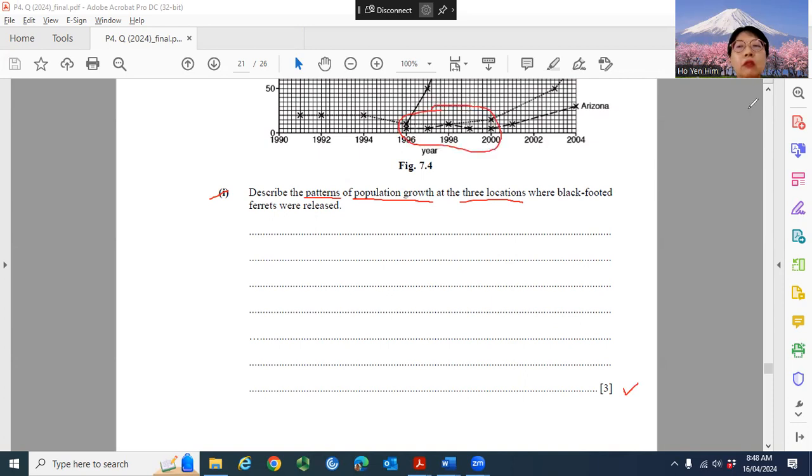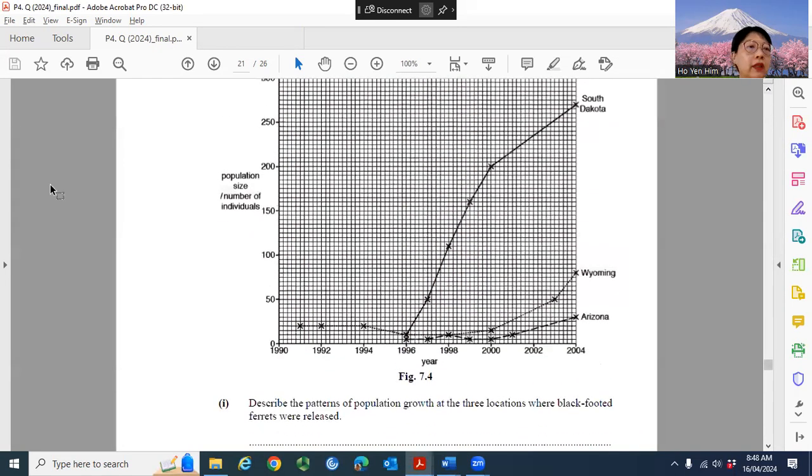Cannot. Okay, if the curve starts from here, you have to describe from here until the end. So that's what a lot of students didn't do. They selectively choose anywhere and then they answer the question. Cannot. You must answer the question for South Dakota, from the beginning in 1996 all the way to here.